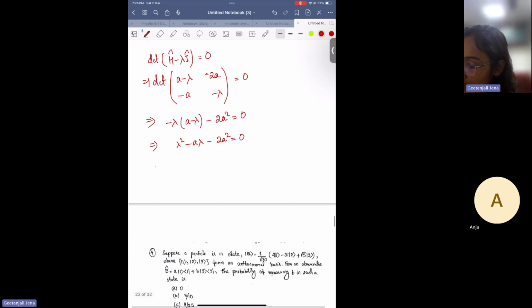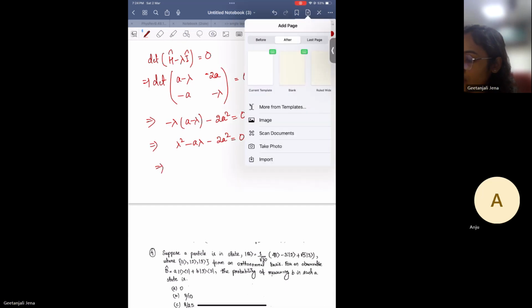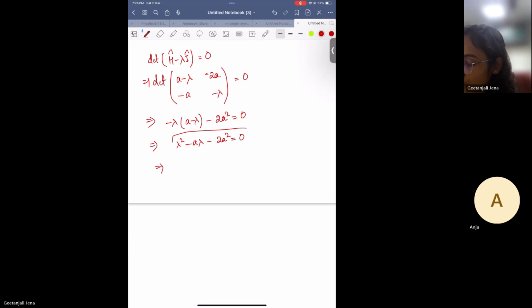So you have to just find the solution for this polynomial equation, which is minus b plus or minus root over b squared minus 4ac, by 2a.